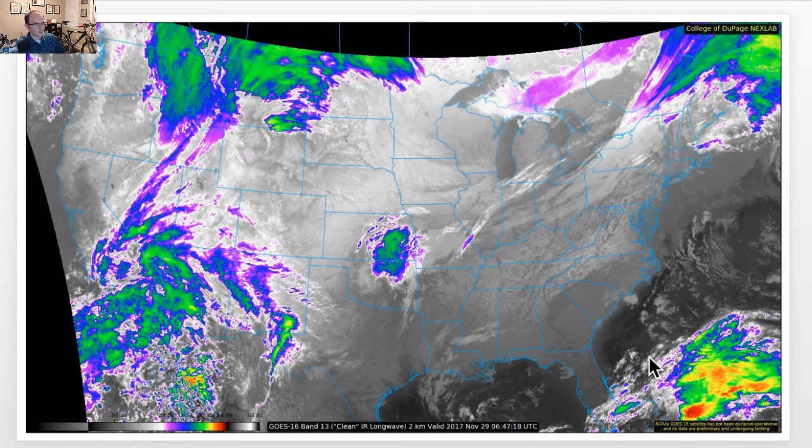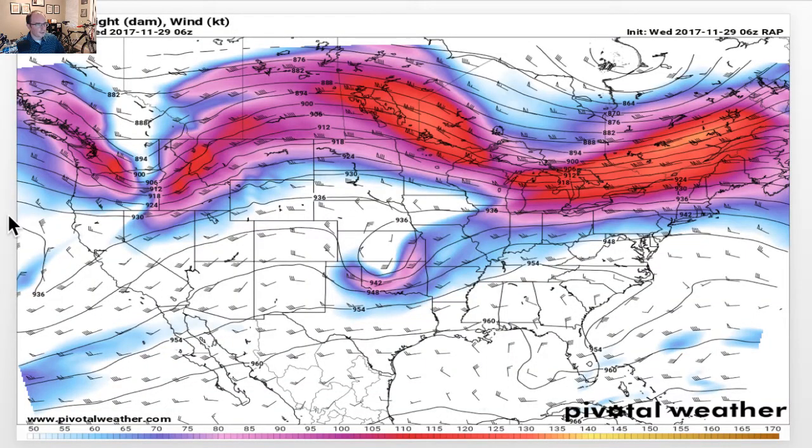Okay. How are we looking up at 300 millibars? Okay, so we got pretty close. A little area of low pressure up here, a little area of low pressure right there, a little area of low pressure here, maybe another one down here. It's probably up here.